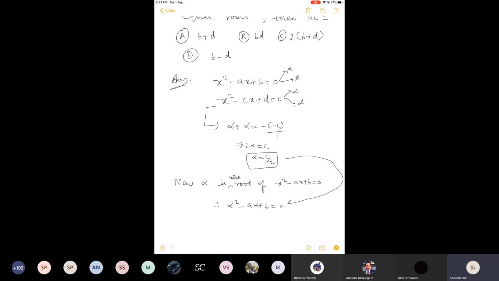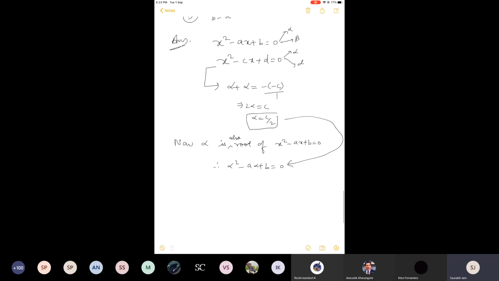We will put this value of alpha in the equation that we have obtained here. In place of alpha, put c by 2. So this is c square by 4 minus AC by 2 plus b equals 0.